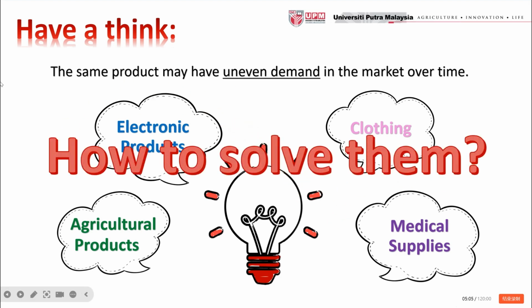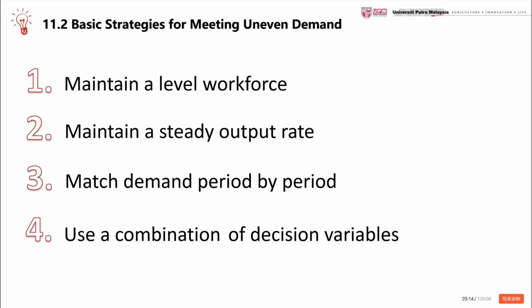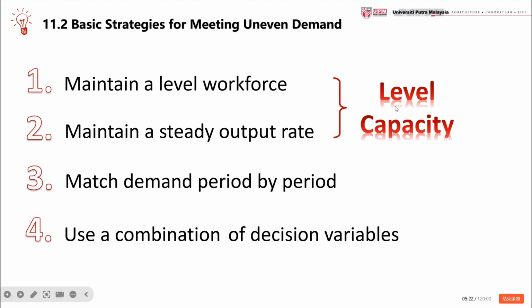Then how to solve them? With so many uneven demands, there are now 4 different strategies to choose from. The first two, maintain a level workforce and maintain a steady output rate, belong to the level capacity strategy. And the third one, match demand period by period, belongs to the chase demand strategy.